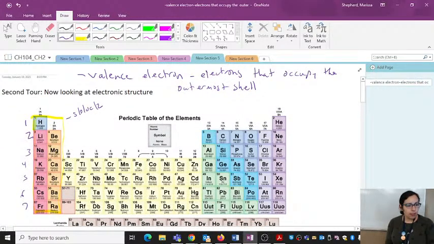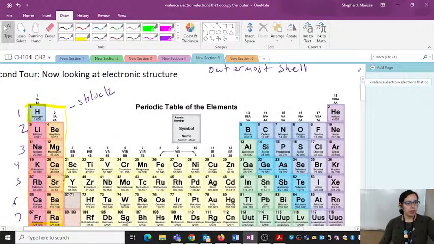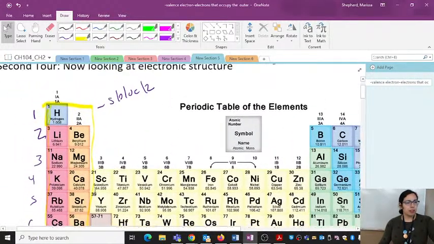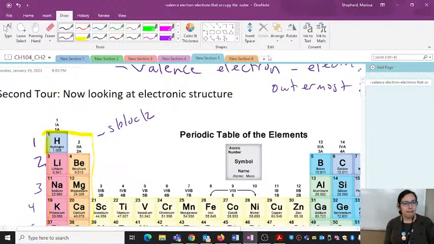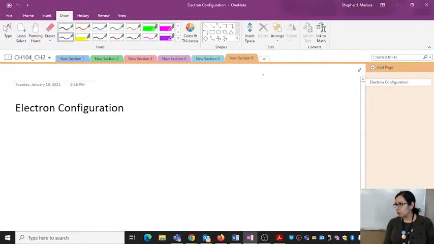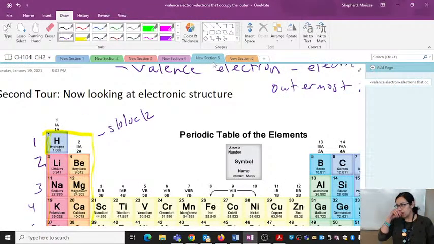For all of these elements, the valence electron will be in an s orbital. Again, this will make more sense as we go through it. I'm also going to do electron configuration at the same time, because they go hand in hand.